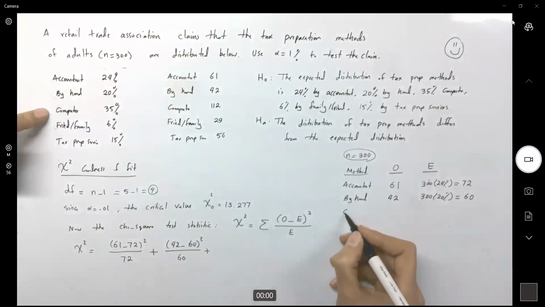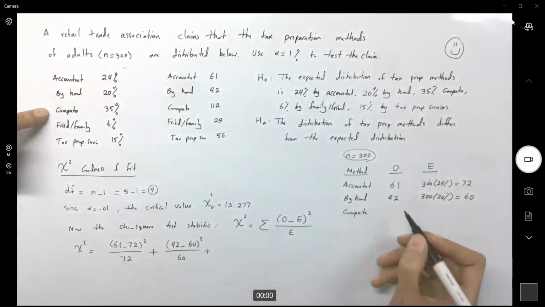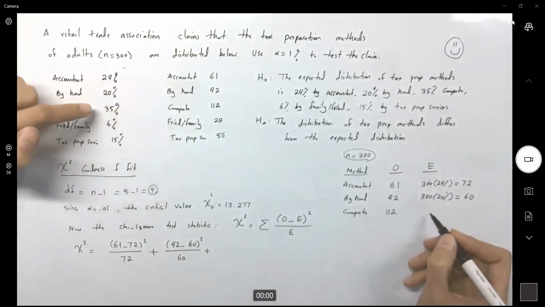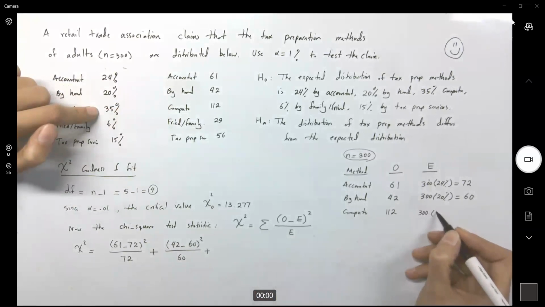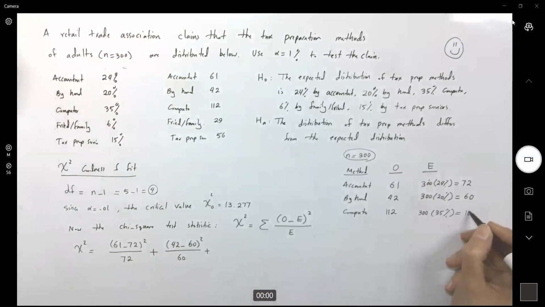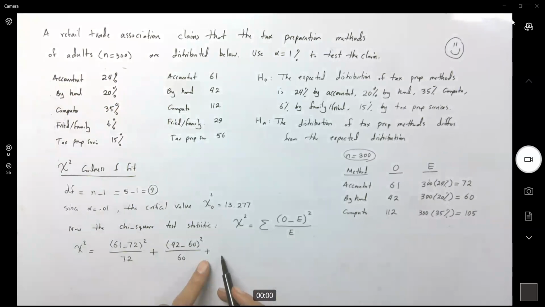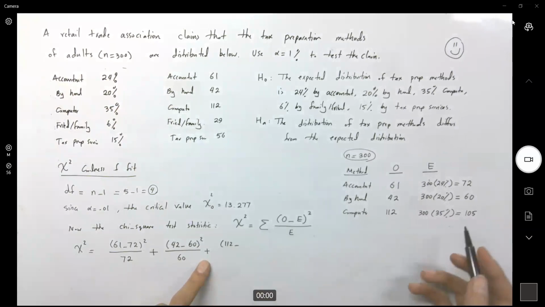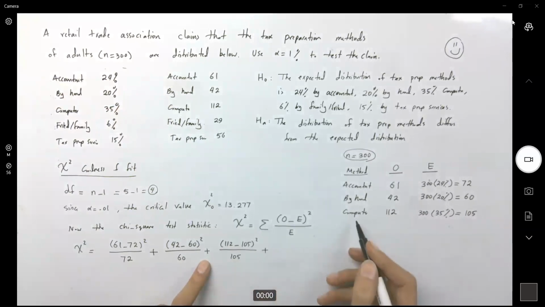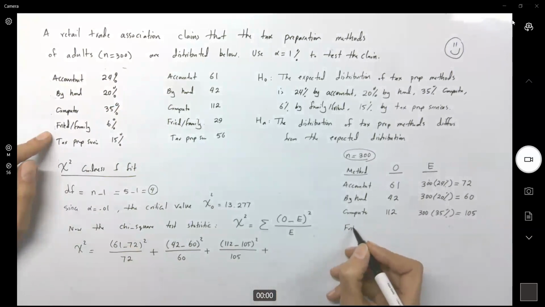The next category is computer software. The observed value is 112. The expected value is 300 times 35%, which is equal to 105. Very good. So let's form the third fraction: the observed value, 112, minus the expected value, 105, to the second power divided by 105, plus the next category, friend and family.